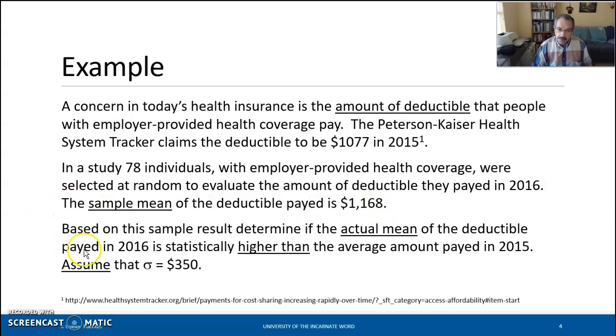Now the question is, based on this sample result, 1,168, we would like to determine if the true mean of the amount of deductible paid in 2016 is statistically higher than the average amount paid in 2015. And just for this example, we're going to assume that we know the population standard deviation, and that is $350.